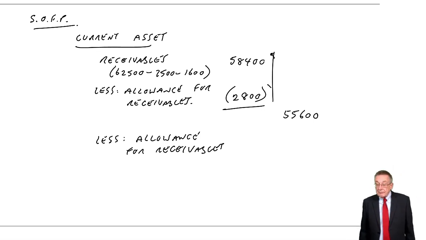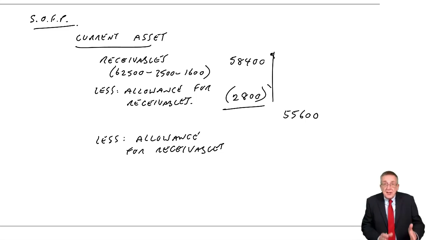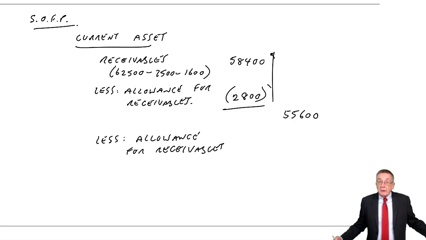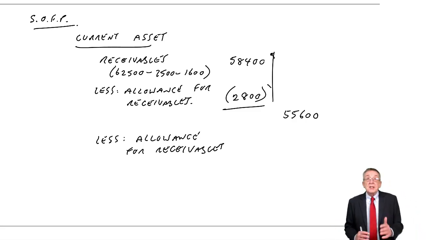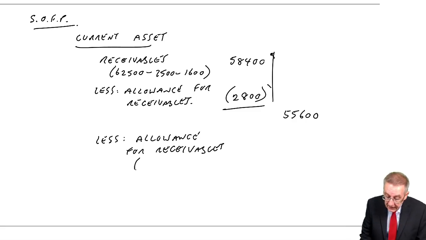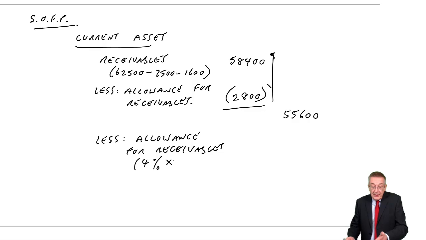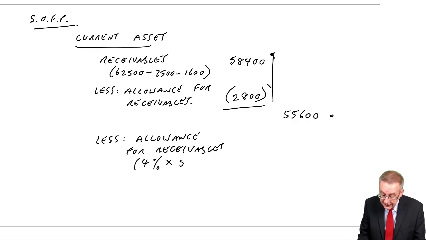Again, we call it allowance for receivables. But this time, instead of it referring to a specific debtor, Z, who we knew was a problem, we've deducted just a general 4%. Again, we don't know who it relates to, it's just to be safe. It's 4% of the amount we think is okay so far, 55,600.